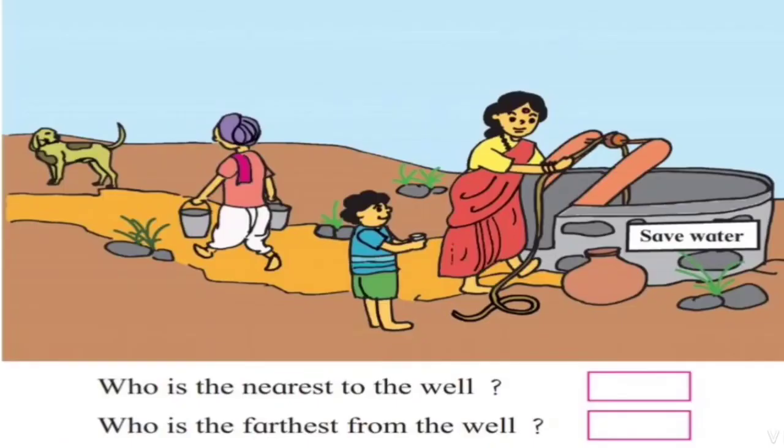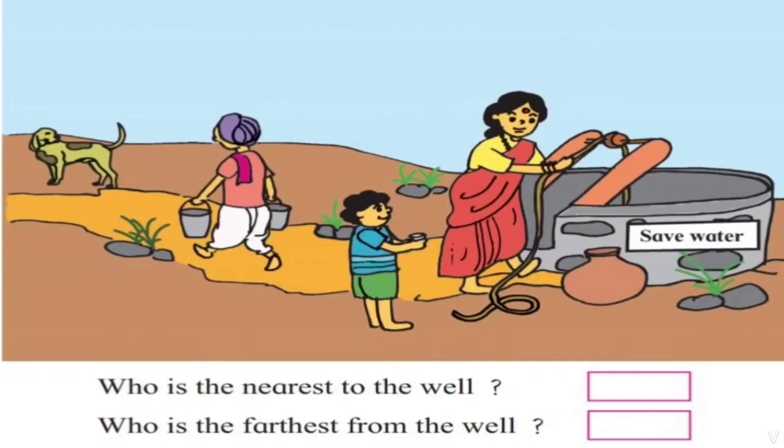See the next picture and answer the given questions. Who is the nearest to the well? In this picture, the woman is taking out the water from the well and the boy is standing near the woman. So, who is nearest to the well?